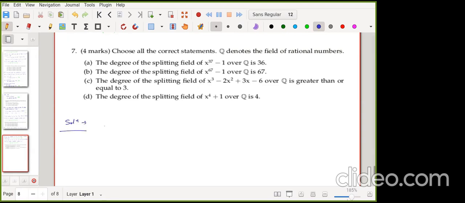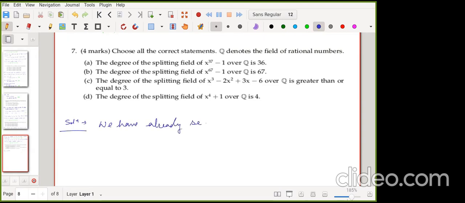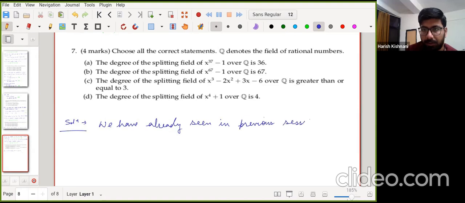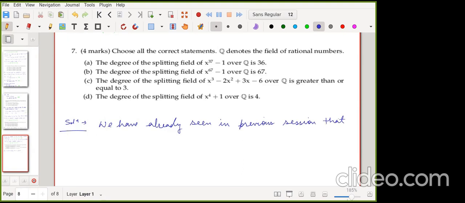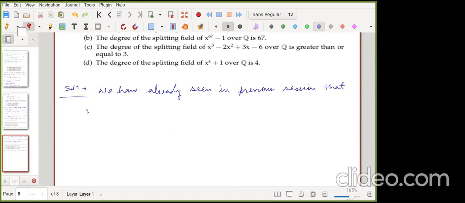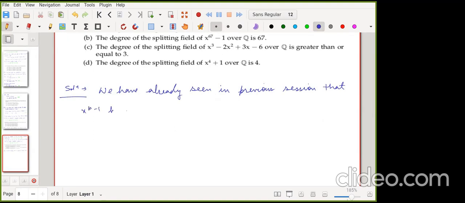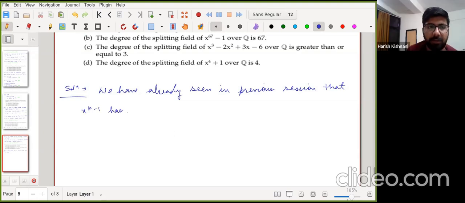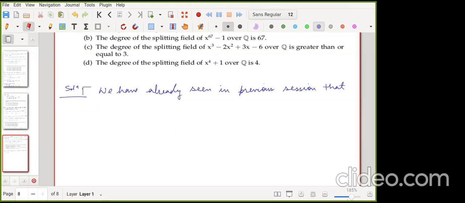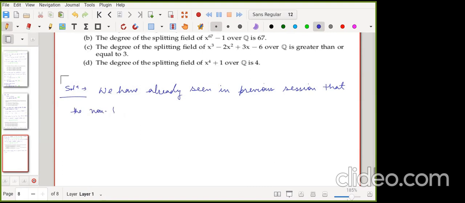So we have already seen in previous sessions that this polynomial x^p minus 1 is non-trivial.